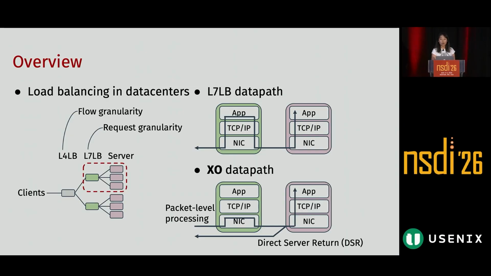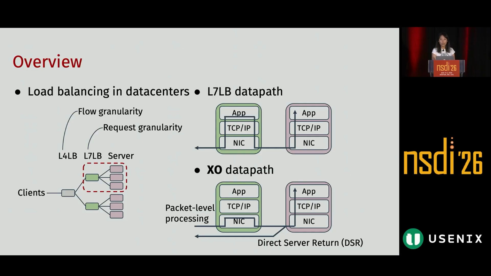In our work XO, we enable lightweight packet level processing at the layer 7 load balancer for ingress traffic. And for egress traffic, XO enables direct server return that completely bypasses the layer 7 load balancer.